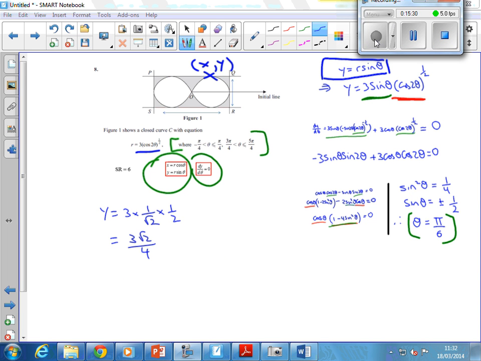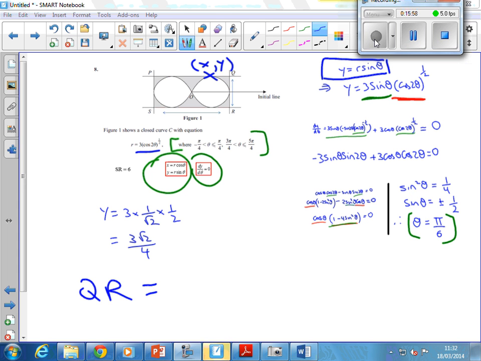Of course, we don't need the x coordinate. We could, if we wanted to work it out. Just as a side note, an alternative question could be to work out the x and y coordinate of where the tangent to the curve is parallel to the initial line. But in this case, we actually don't need that. It's elementary from here because QR is simply twice that distance.